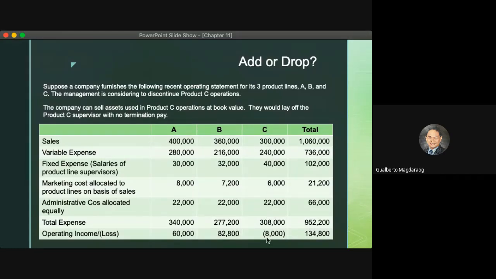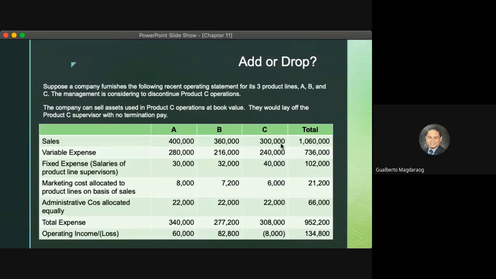Kung wala na si C, 22,000 will be absorbed by A and B. Kaya we have to check whether it will be positive or negative for us. So, although it is mentioned na pwede naman daw ibenta yung mga assets niya, ang unang-una mong pwedeng tingnan is yung contribution margin.